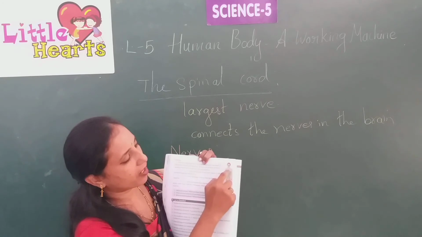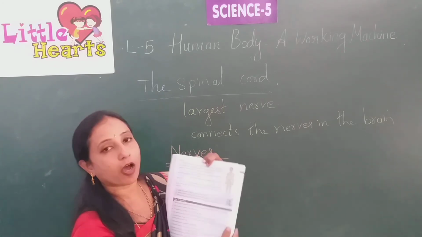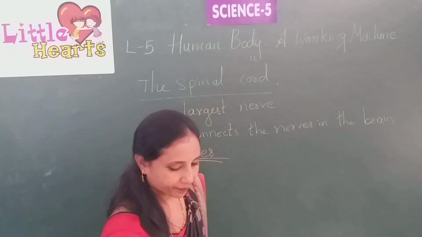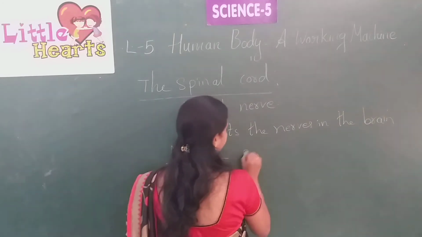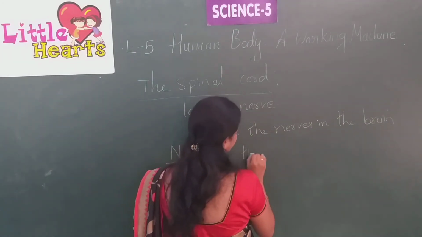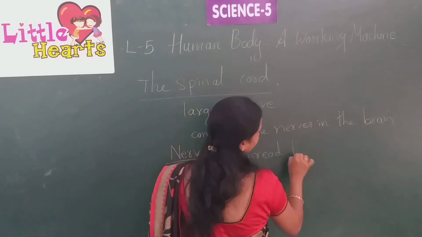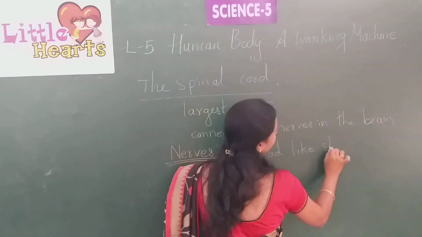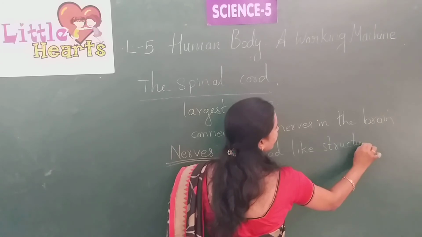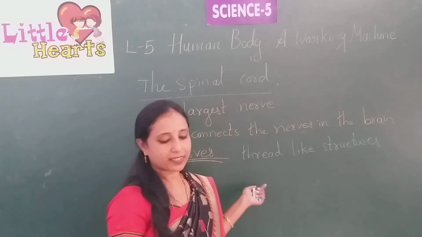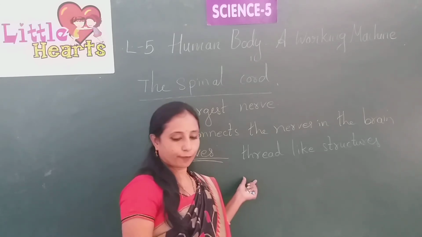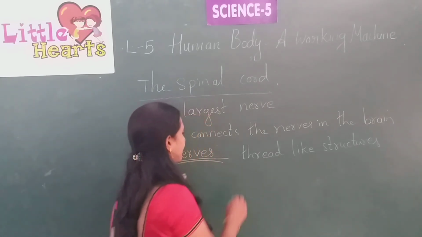From the spinal cord, the nerves extend to all parts of our body. Okay? Nerves are thread-like structures which carry messages in the form of electric impulses.